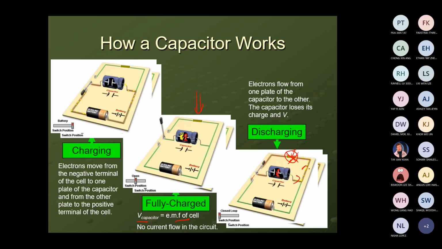So the current will flow this way now, to light up the light bulb. Normally, your camera flash, the sudden brightness produced by the light bulb, is actually connected to a charged capacitor.